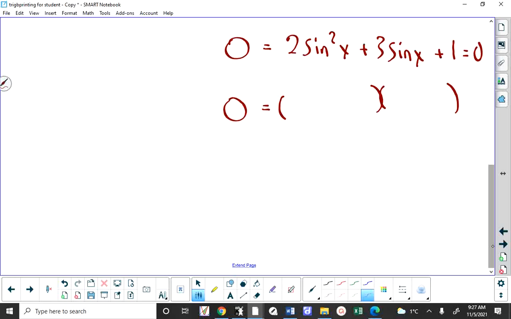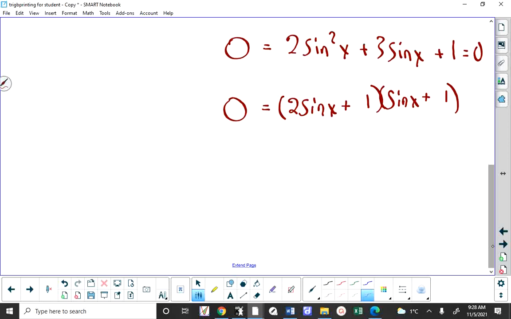You're not going to have some wild big numbers. 2 sine squared x is going to be 2 sine x and sine x. Well, the one's got to be 1 and 1, right? Everything's positive, so if this is factorable, which it is because the discriminant is a perfect square, then that has to work out. And if you FOIL that out, do you see you get 3 sine x? Yeah, I just did my factoring wrong. Okay. So you think you're good from here?